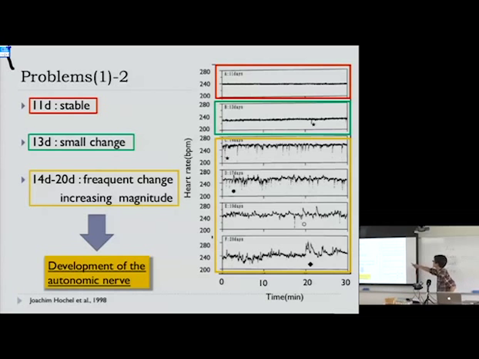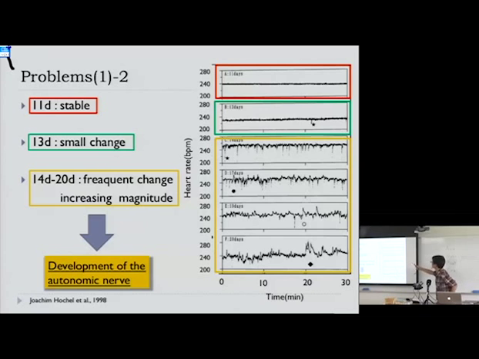And this one is the shape on incubation day 11. This day is stable, but as the incubation days go on, the wave shape is changing.